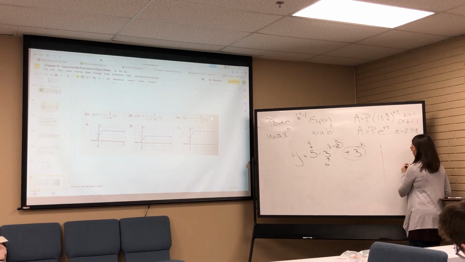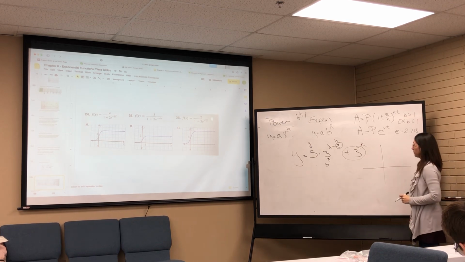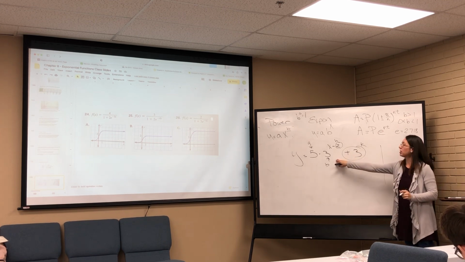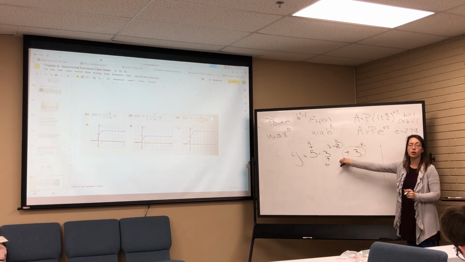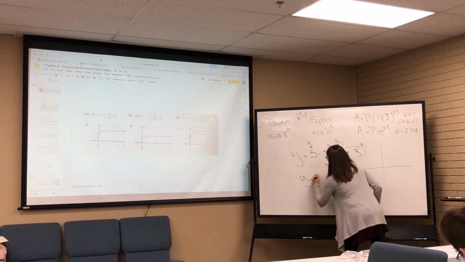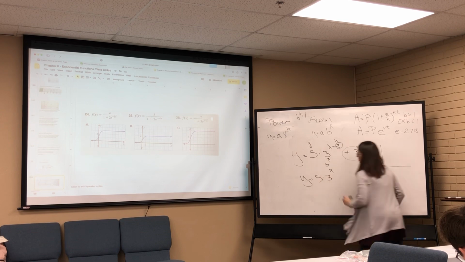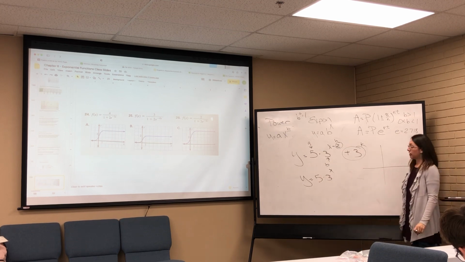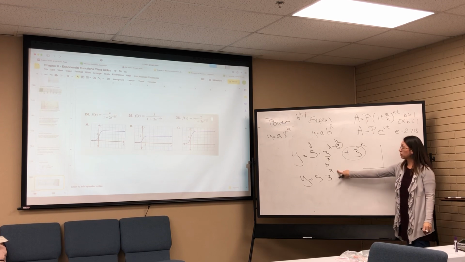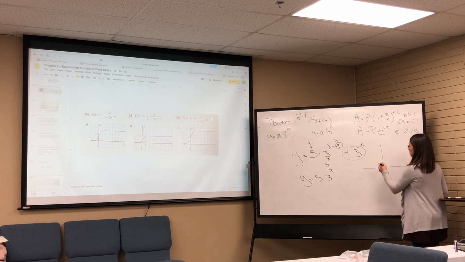Yeah, they move the graph. So if I say to graph my base parent function for this, I would be graphing 5 times 3^x, correct? That would be what I would graph initially. So when x equals 0, y equals 5.